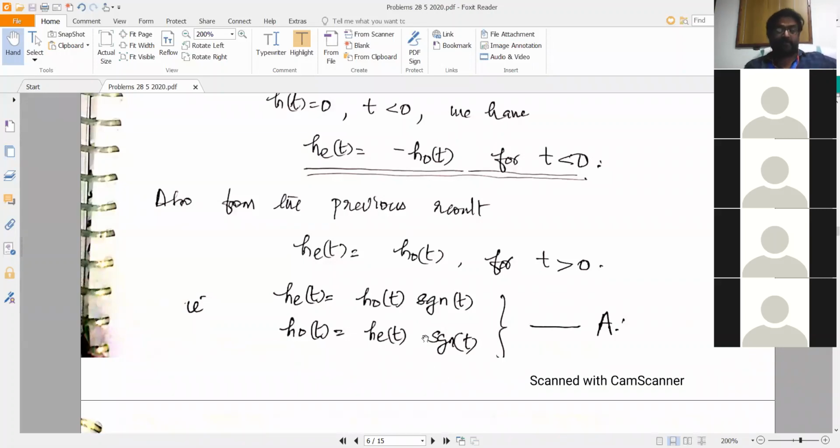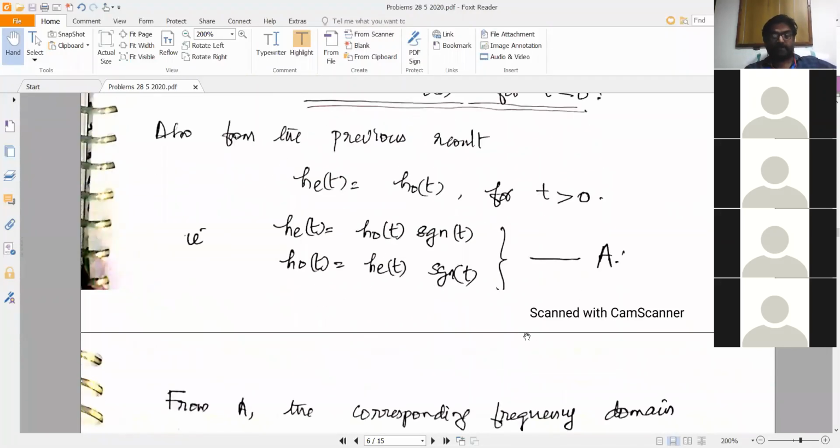And you also know that the multiplication in the time domain is Fourier transformable to a convolution in the frequency domain. So we'll use the frequency domain convolution relationship and then represent this in the frequency domain. So let us do that now.